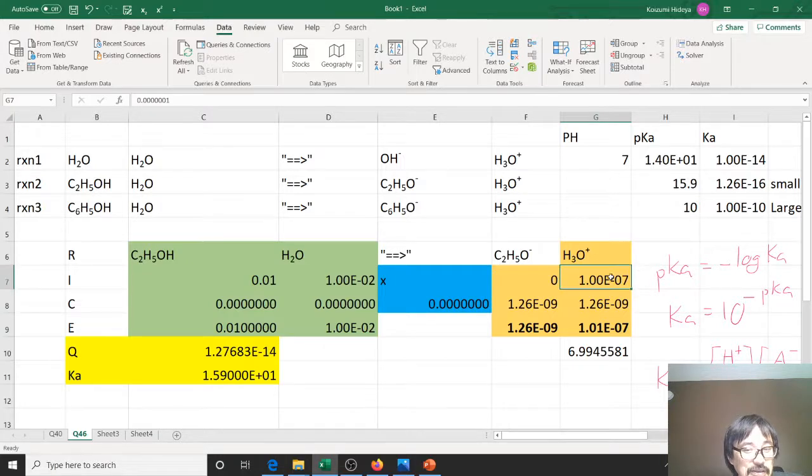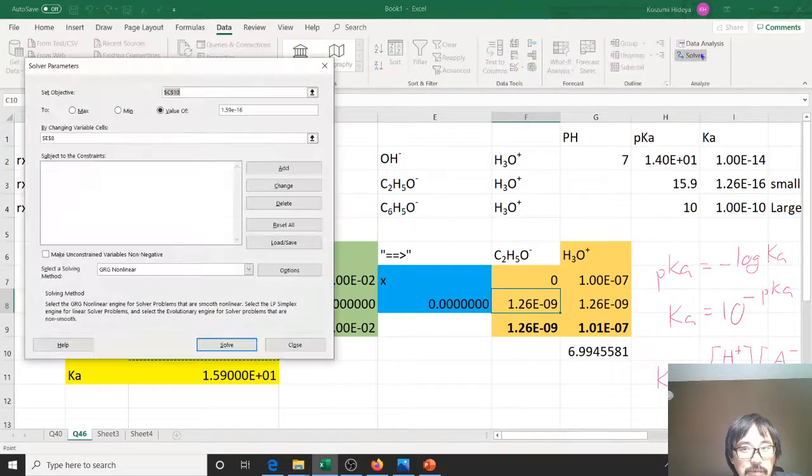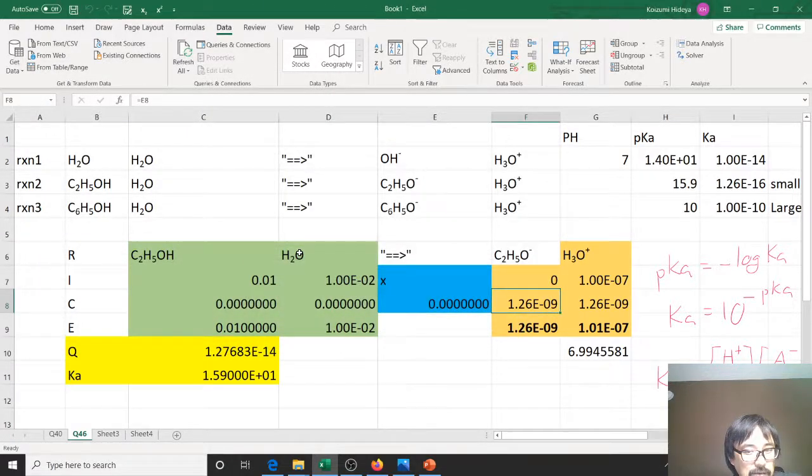So the initial value is this, the change value is these guys. So I'm gonna reset everything and see what happens. This is already a good enough answer for most of the chemistry class, but I'm gonna redo everything and just solve it. Then you got pretty much the answer here, which is 6.99.